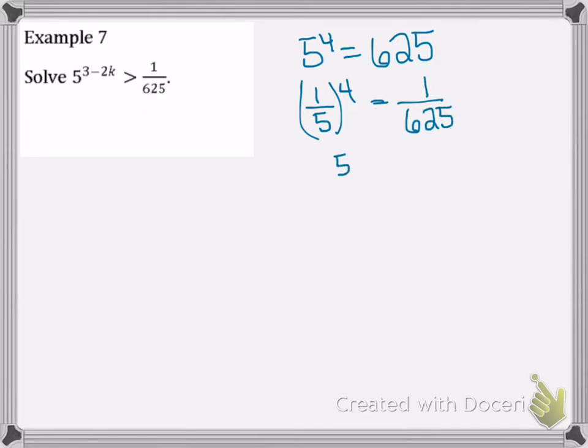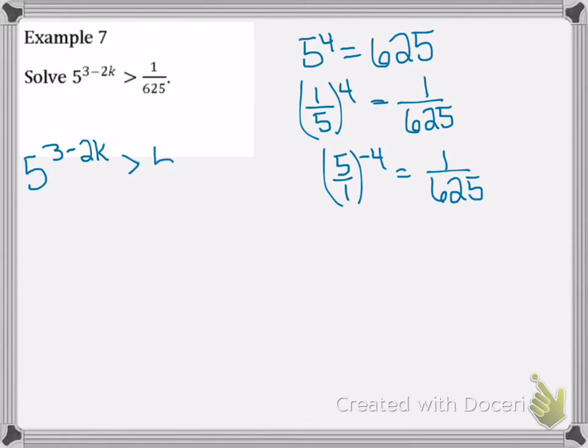So again, if I flip the left-hand side, I get 5 over 1 to the negative fourth still equals 1 over 625. So applying that, I get 5 to the 3 minus 2k has to be greater than 5 to the negative fourth. Now I can apply the one-to-one property.